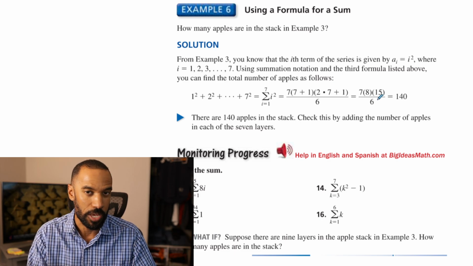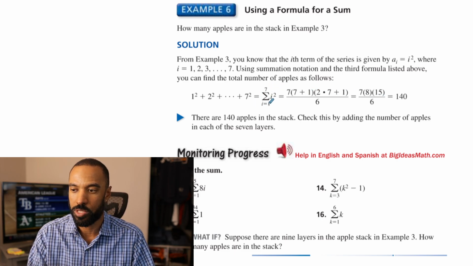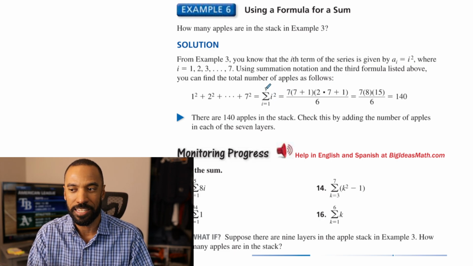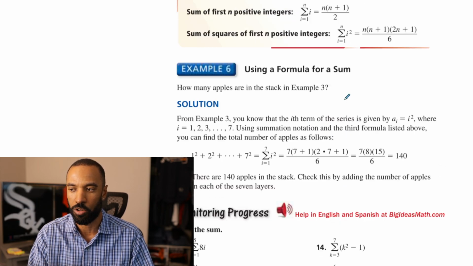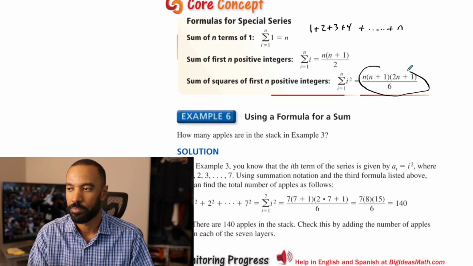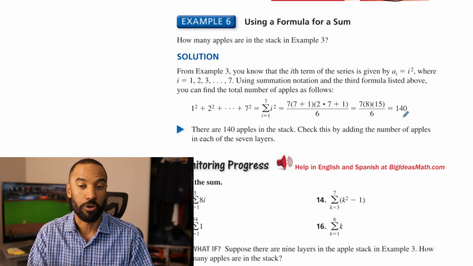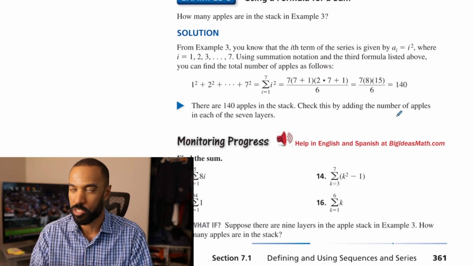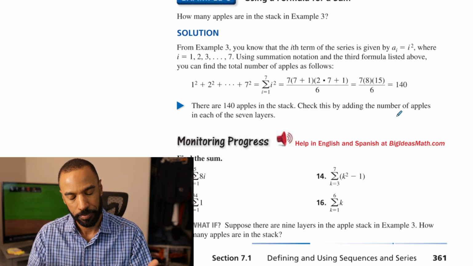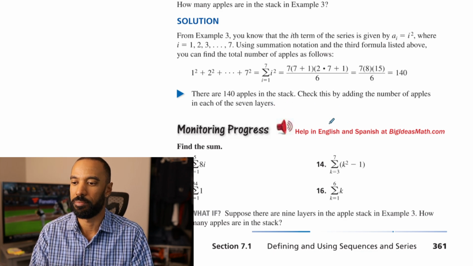Which way is faster is up for debate, but here's the notation. From 1 to 7 of the first i squared terms, and you substitute n into there. N being 7 is 7 times 7 plus 1 times 2 times 7 plus 1 all over 6. That's this formula here for that n. And that's going to become 140. So 1 plus 4 plus 9 plus 16 plus 25 plus 36 plus 49 is 140. That's how many apples there are in it.